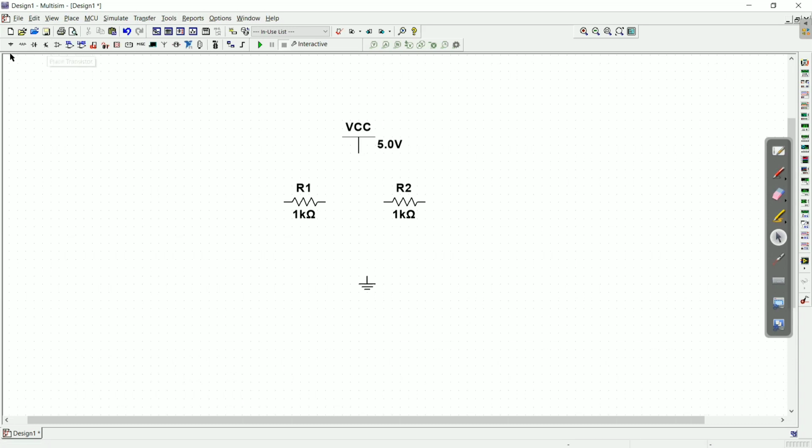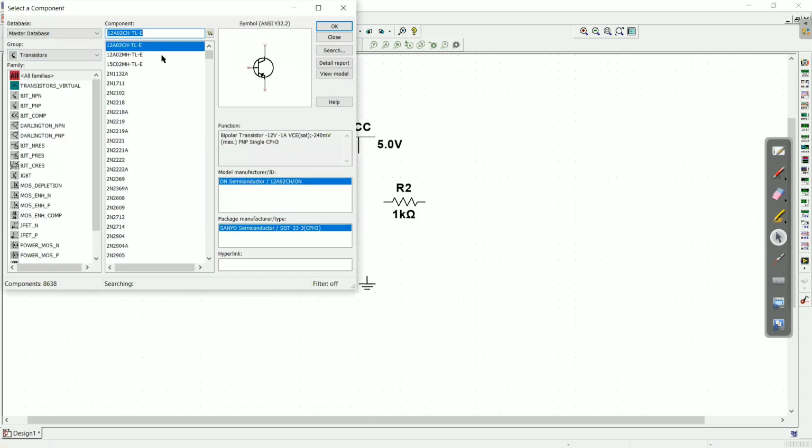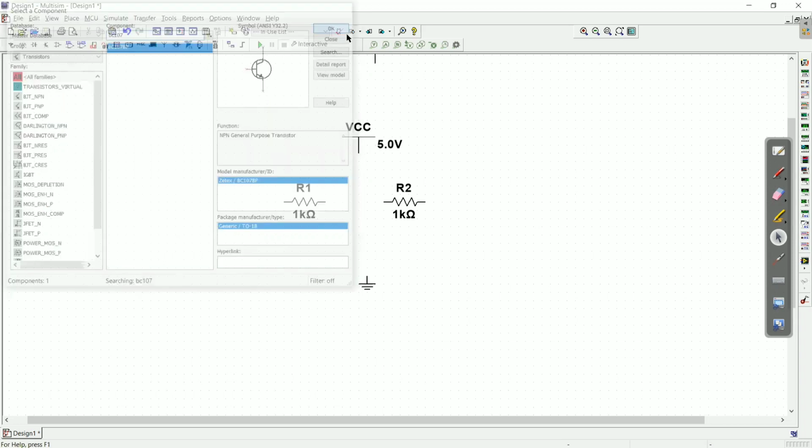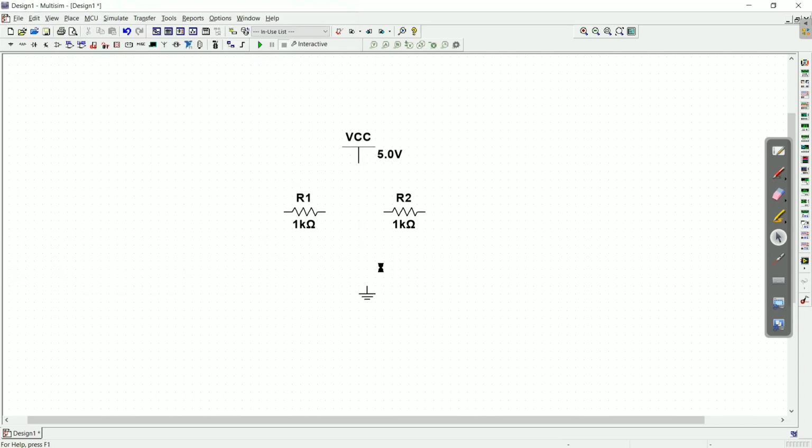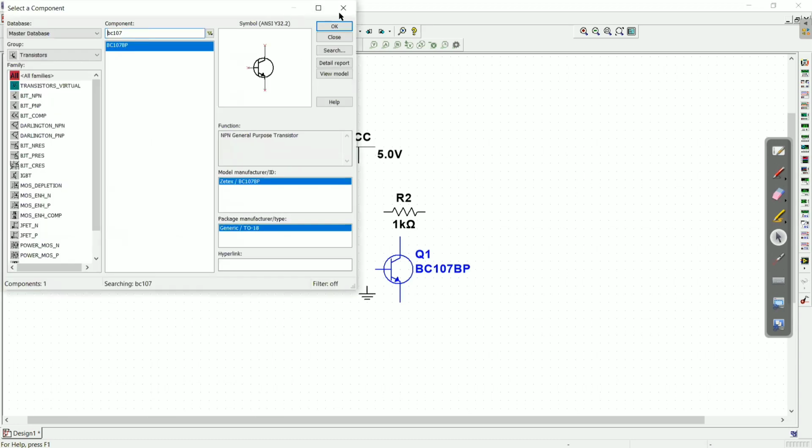On the same side, the fourth place, we have place transistors. We need a BC107 BJT transistor. Search for it and we will get it. Let's close it.